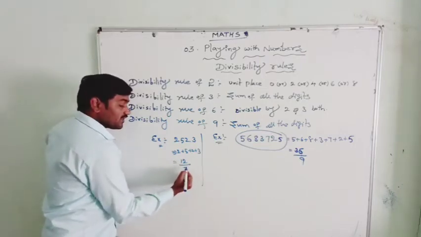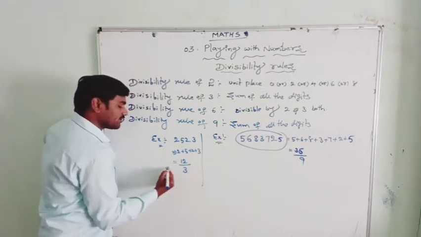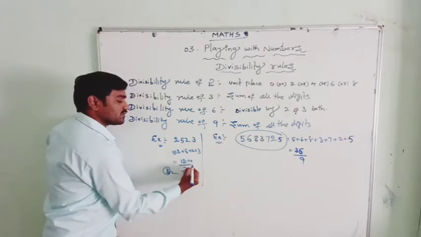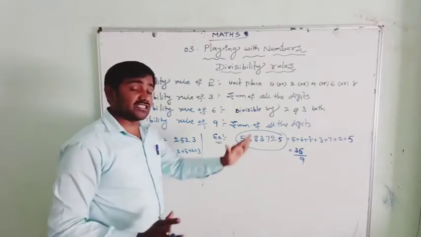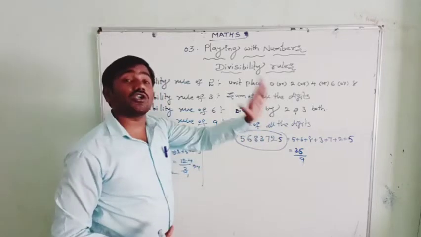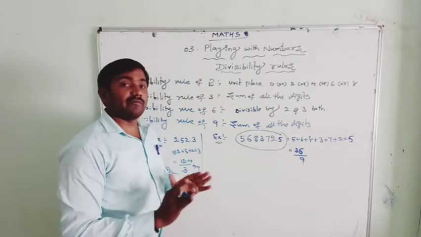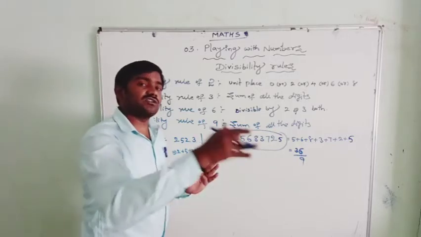This 12 is exactly divisible by 3. So see that if a number is divisible by 9, it's also divisible by 3.